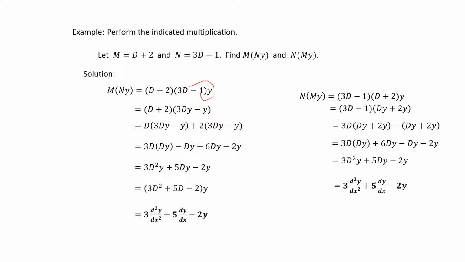Now, if you notice, this is the same. I'm sorry, because these are constants. The coefficients here are constants. So M of Ny is also the same as N of My, as is evidenced by this result.